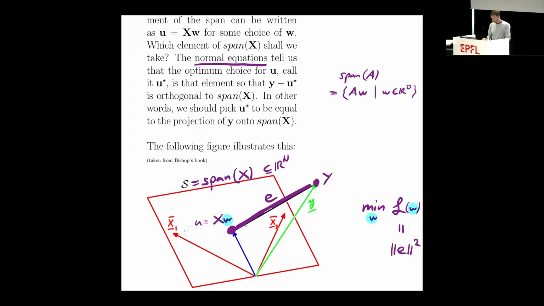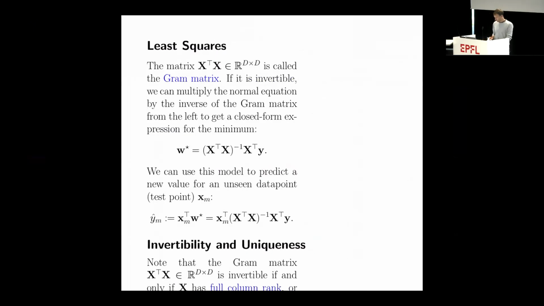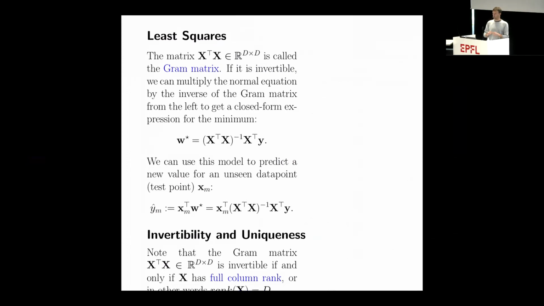Okay, this is the geometric picture, and after the break we are going to look a bit at how to solve this numerically, how to actually obtain the solution. It's quite easy. We have to actually solve the linear system.